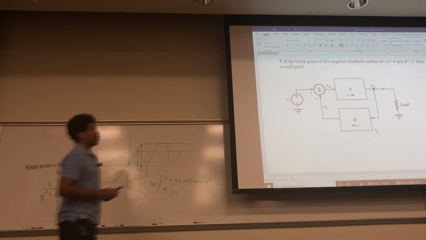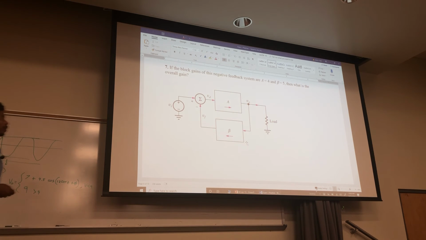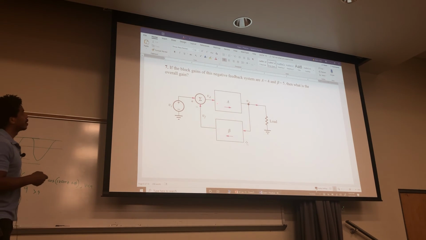So for this gain right here, you want to look at the output over the input, and so what you want to do is determine what all the voltages are, and so what's VO going to be? It's going to be A times this VD, and VD is basically this VI minus VF, right?